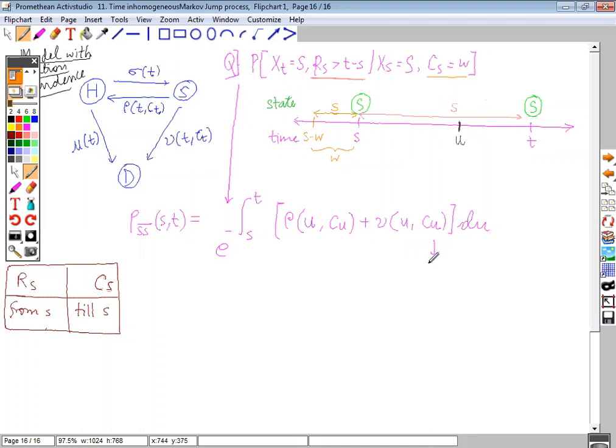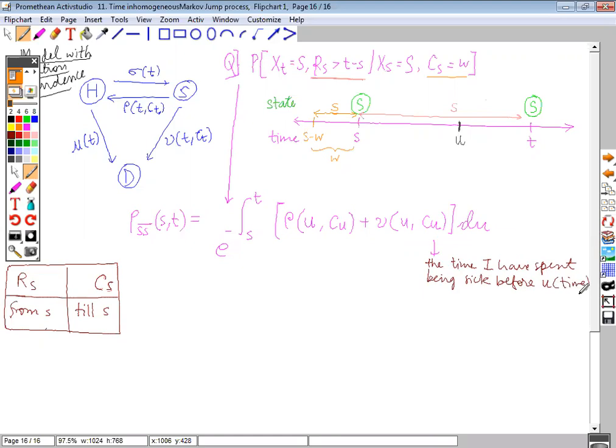So this CU represents what? Precisely, it just represents how much time I have been in that particular state, right? So the time I have spent being sick, right? Before U. And this U is time.